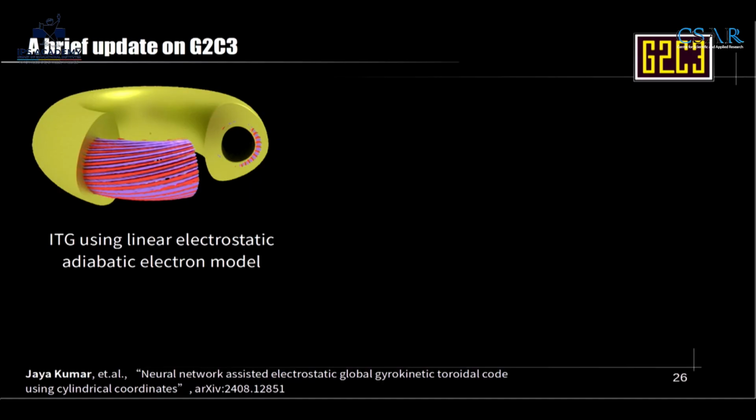I will just give you an update. Again, I have talked about G2C3 at multiple places, so I will not get into that. But just to give you an update as to what's happening within the code. This is what we started off with, linear ITG simulation, ion temperature gradient simulation. This is what we had initially as a test.